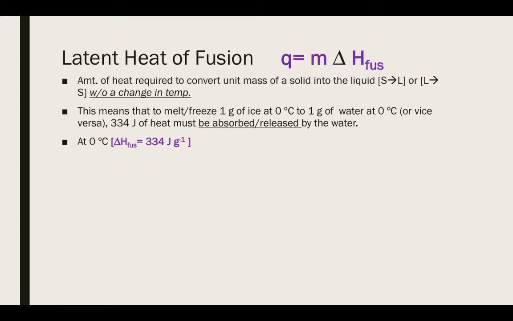This means that if I have 1 gram of ice at 0 degrees Celsius and I want to convert it to a gram of water at 0 degrees Celsius, or vice versa, from water to ice, ice to water, it would require 334 joules of heat energy being either absorbed if I want to go from ice to water, or energy released if I want to go from water to ice.